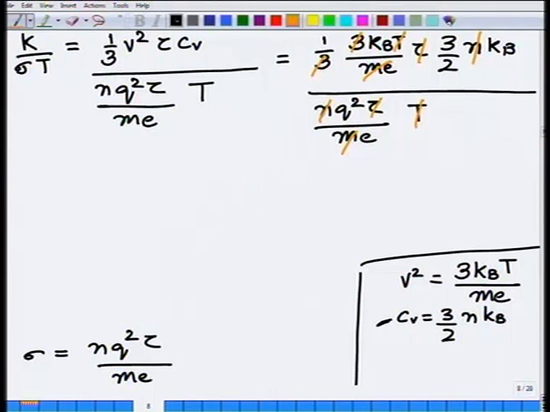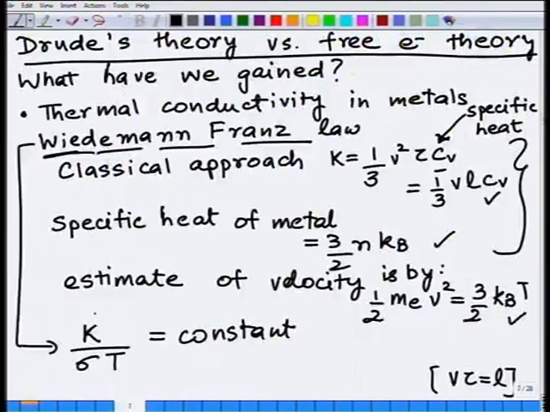We are left with essentially 3 by 2 times Kb by q, whole squared. Indeed, it is a constant: Boltzmann constant divided by the elementary charge, the electronic charge 1.6 times 10 to the power minus 19. Indeed, this is the constant which is observed in this Wiedemann-Franz law, which is an experimental observation.